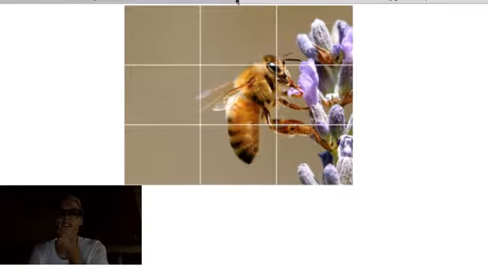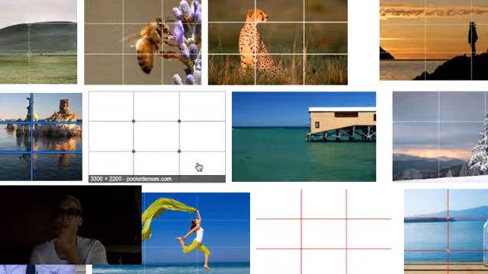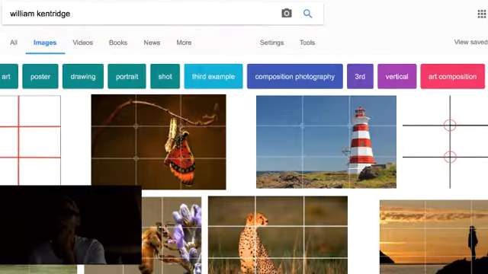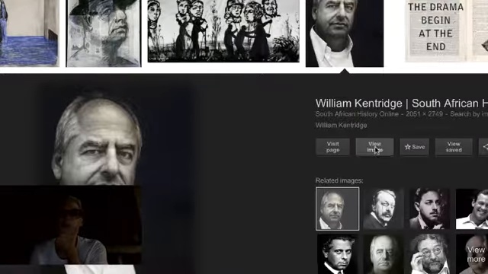So here you can see this composition is divided into thirds, and that the focal point falls right here where they sort of crisscross.